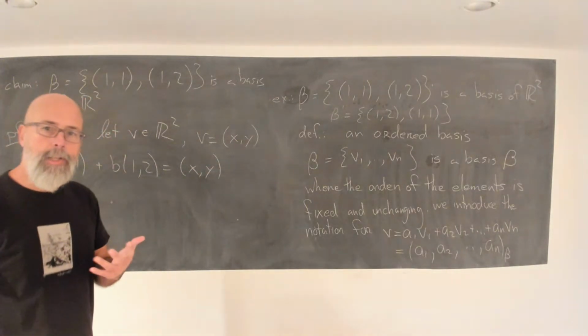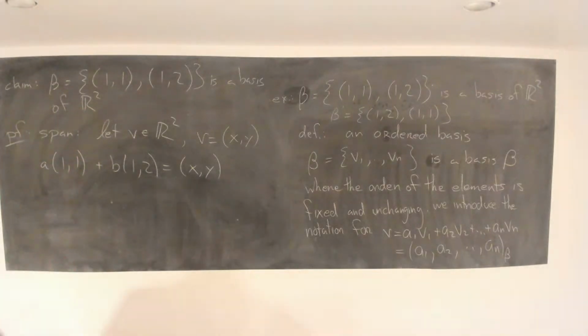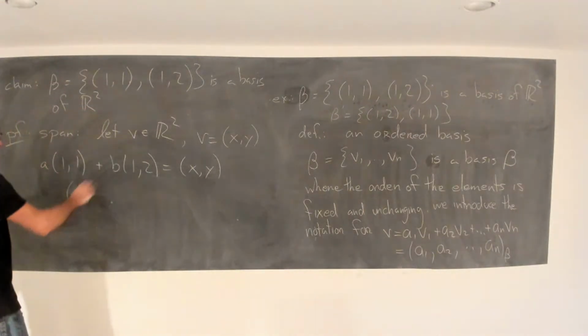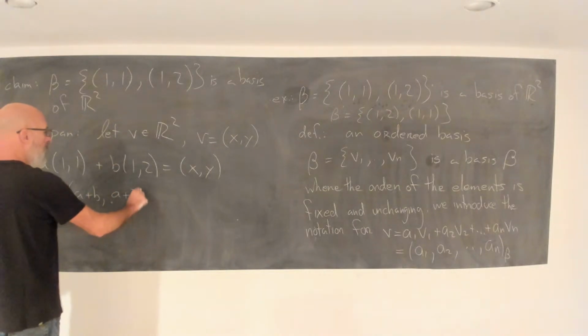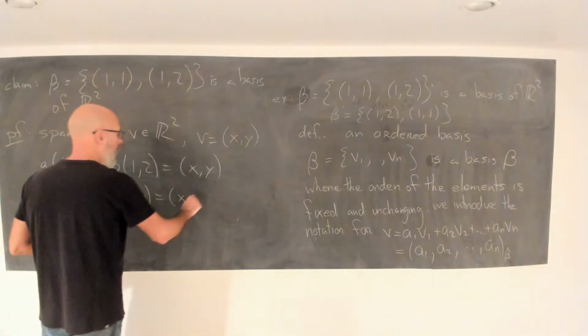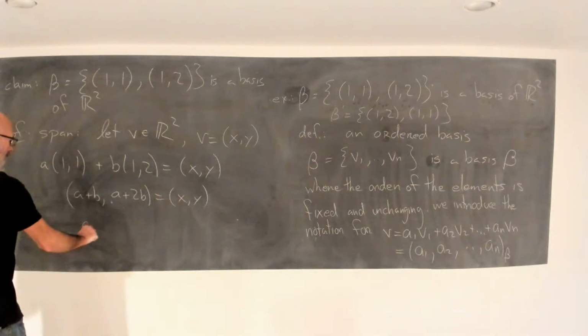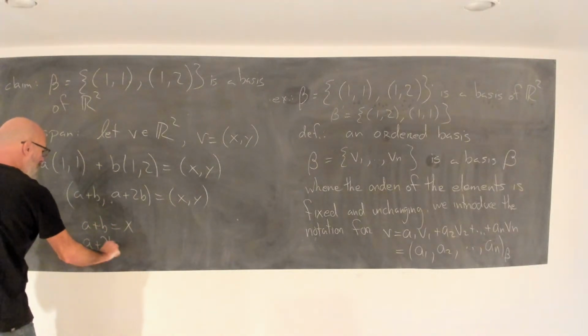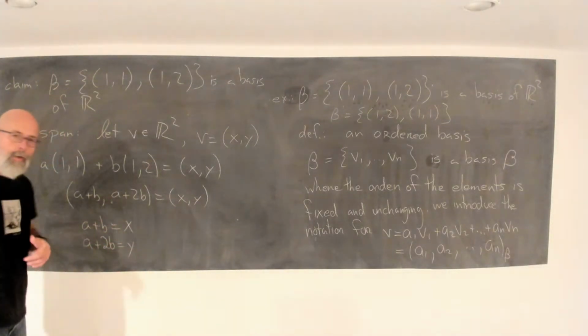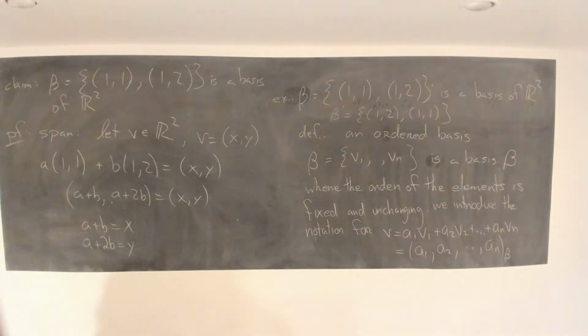Is there always a solution for a and b? Well, if you rewrite this properly, this is a plus b and a plus 2b. So we have a plus b is equal to x and a plus 2b is equal to y. Again, the question is, is there a solution?